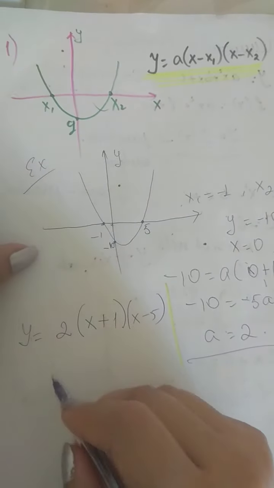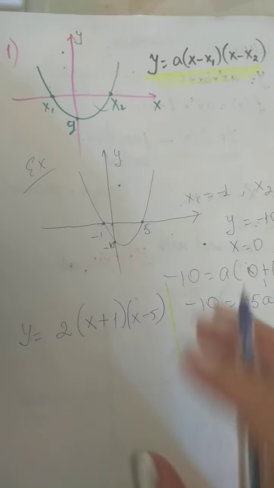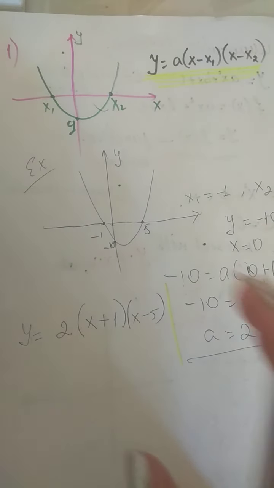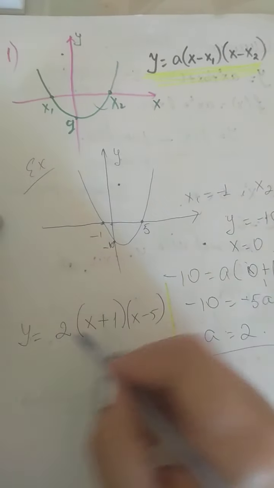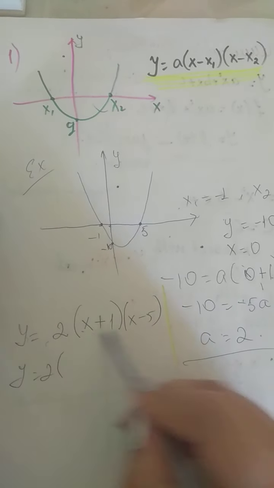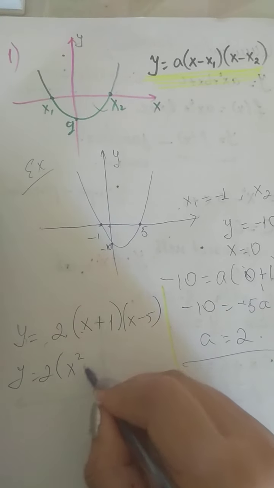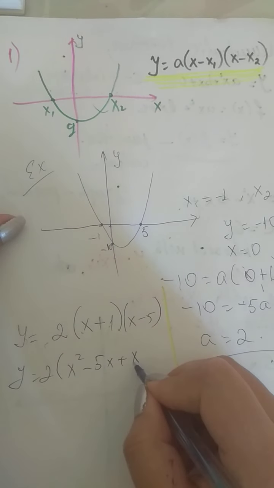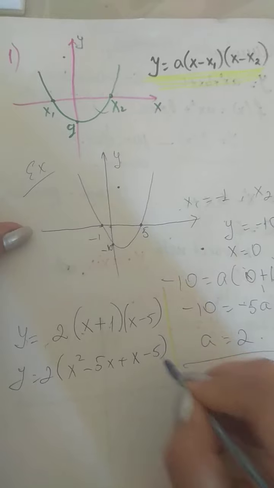Guys, then if they ask you to write your function in standard form, which is ax squared plus bx plus c, we should expand this bracket. So y is 2 multiplied by (x times x is x squared minus 5x). Then 1 multiplied by x is x, 1 multiplied by -5 is -5.